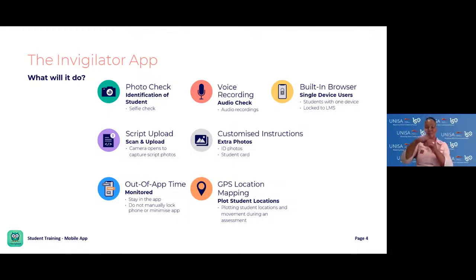Now, once you've scanned the QR code, there is a button that says Access Browser, and you will be able to log into your profile and navigate yourself to your assessment while you are still being invigilated. So you're using your smartphone not just for invigilation purposes, but also to be able to access your assessment.